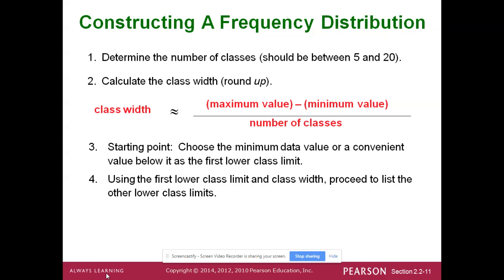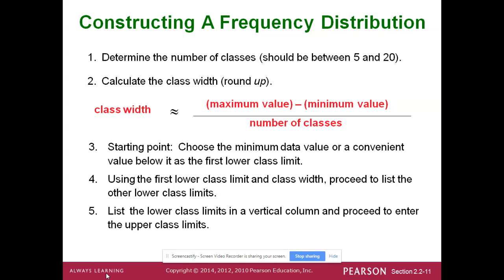Lower class limit for the first class is 20. The next ones, if the class width is 10, are 30, 40, 50, 60, and at least to 70, because you have to have 5 classes, right? Unless the problem specifies to have fewer than that. You're going to get problems that say, create a frequency distribution with this number of classes. You've got to work on that.